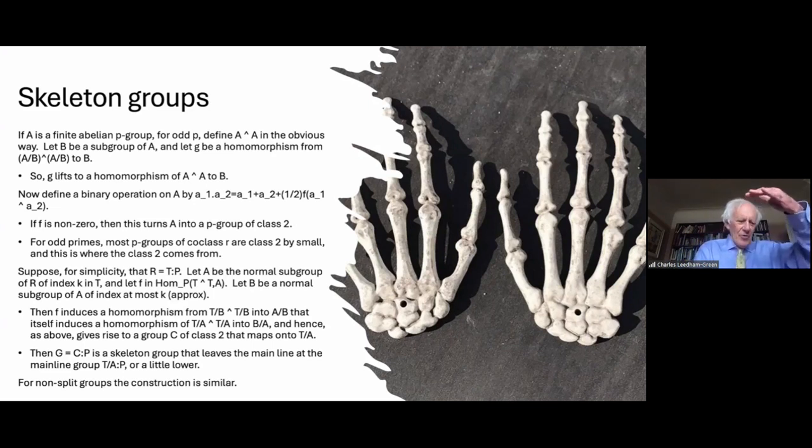So halfway down the group, logarithmically, you get into the derived group of what was just a quotient of T. It was a quotient of T and therefore abelian, but you've twisted it by this construction, so it's now class 2, and those are your skeleton groups.